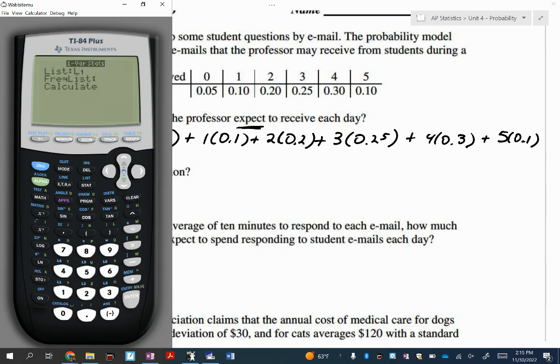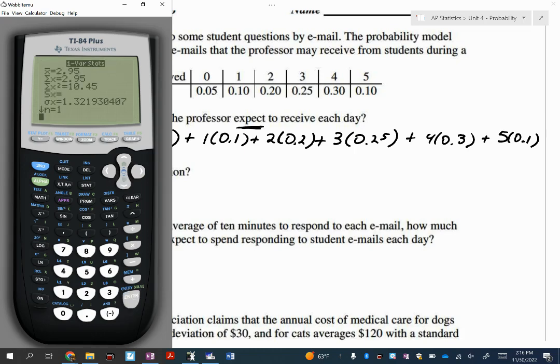But the new thing that we talked about before Thanksgiving is that in list 2 is where I have my probabilities. So where it says frequency list, I'm going to put list 2. So I hit second number 2, which is list 2. And then hit calculate.